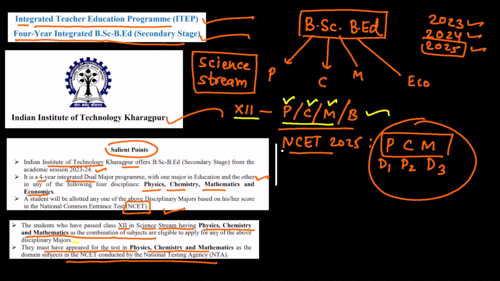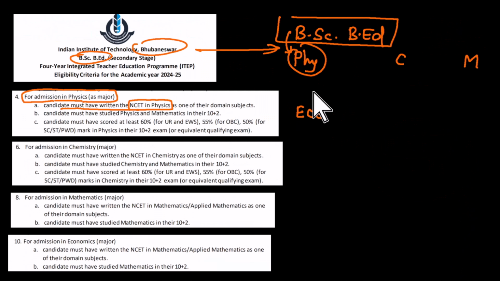For IIT Kharagpur, they are clearly mentioning that you should have only physics, chemistry, and maths, nothing else, all three compulsory. But here they are mentioning that if you want to apply for BSc B.Ed physics, then in NCET you should have taken physics as one of the domain subjects. They're not mentioning what your next domain subject, second or third, is, but you should have physics as your domain subject.